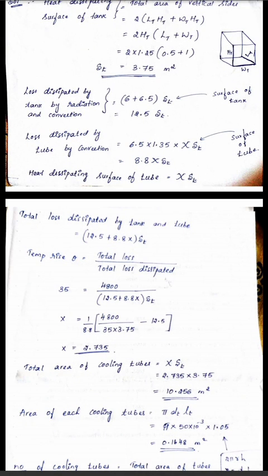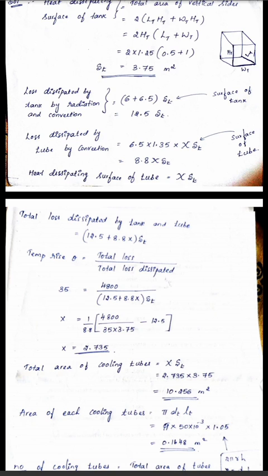HT is known, 1.25, and LT is 0.5 plus width is 1. In the diagram I have also shown how to take HT, width and length. So you will get the answer as 3.75, and since it is a surface area, the unit is meter square.